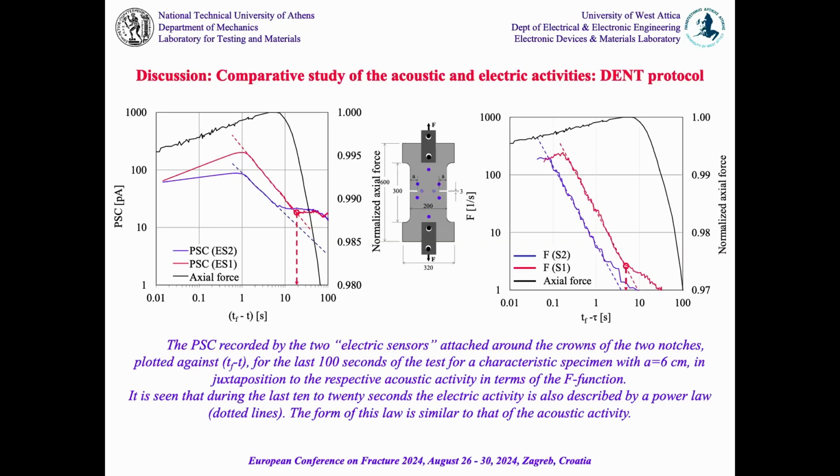We all know that acoustic sensors are not very cheap, and if you have to monitor a large structure and you need a few tens or hundreds of sensors, this is an expensive game. In order to record electric currents, you need just 2 plates of copper covered with, let us say, gold paint, which is very cheap.